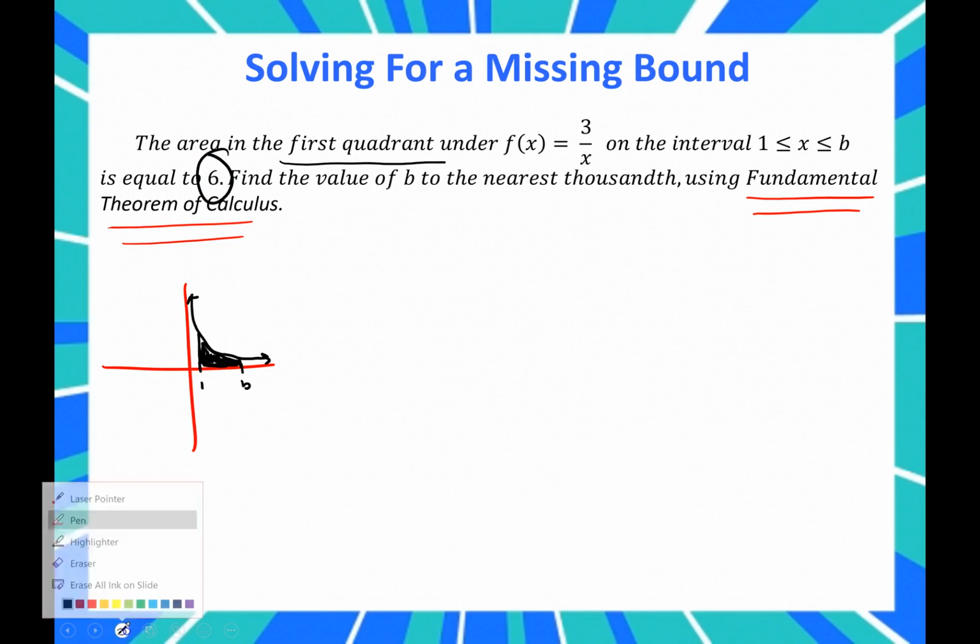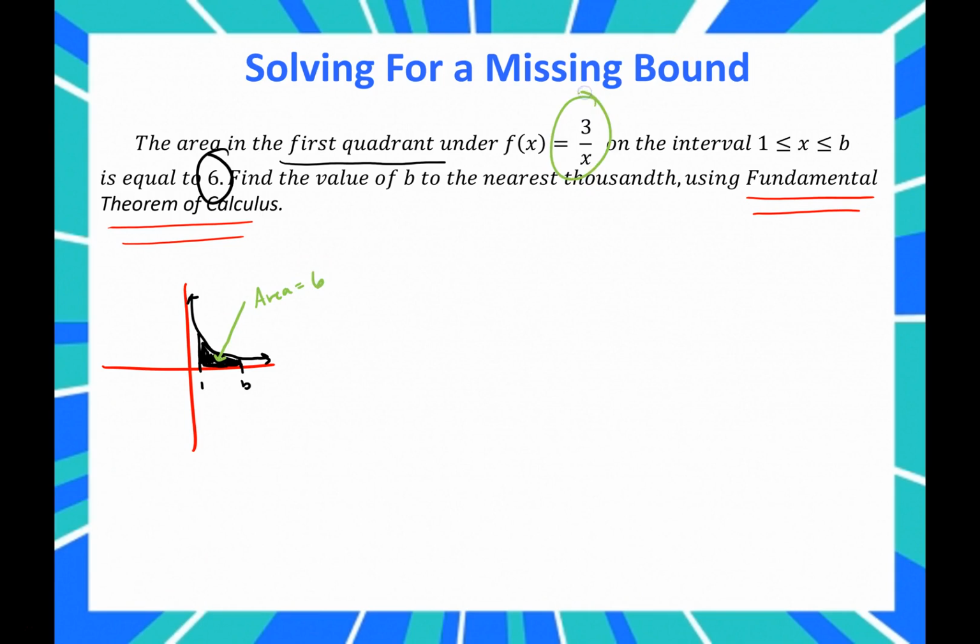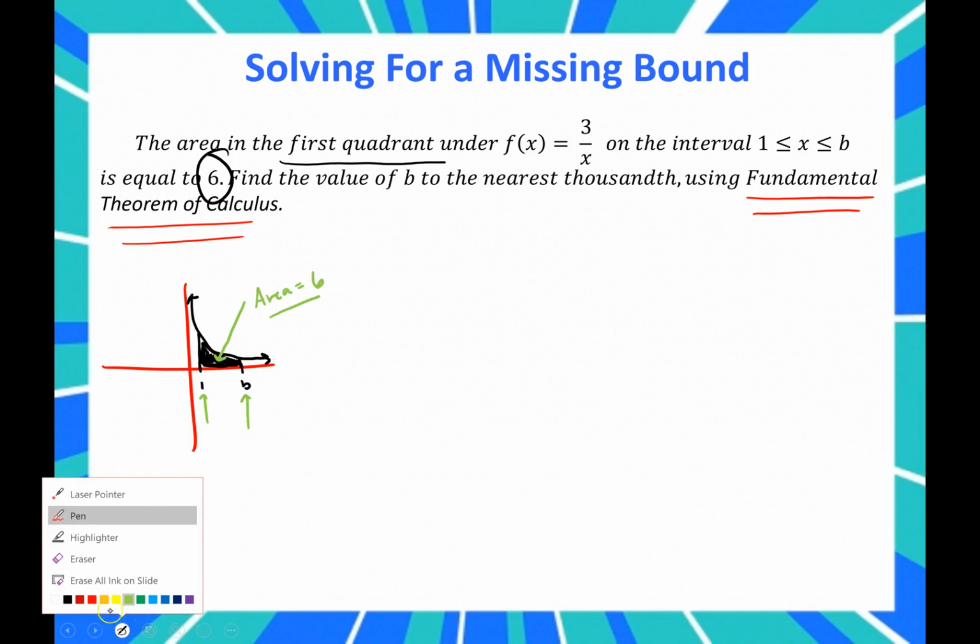So in other words, this black area has an area of 6. And I know that my function is 3 over x. I know that this is 1. I know that the area is 6. But what I don't know is what b is. Is that from 1 to 5? Is that from 1 to 3? What is that?